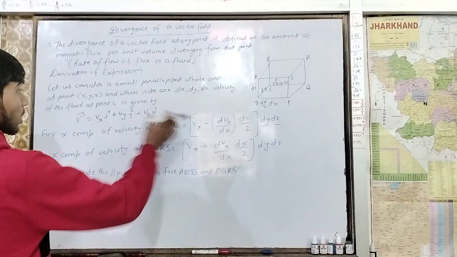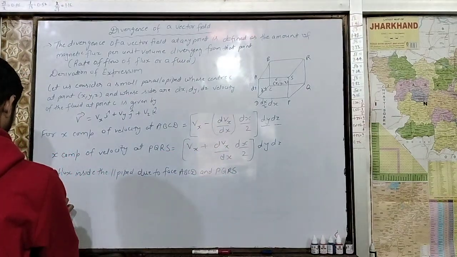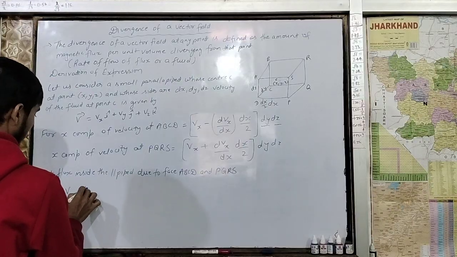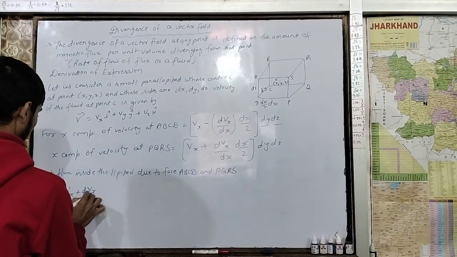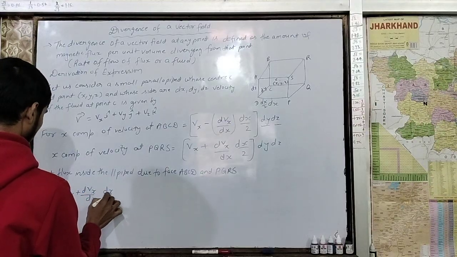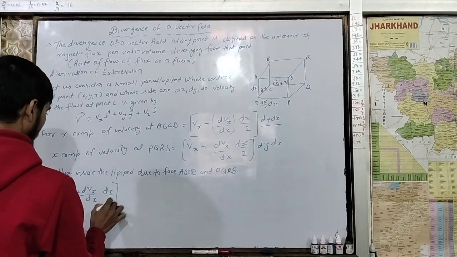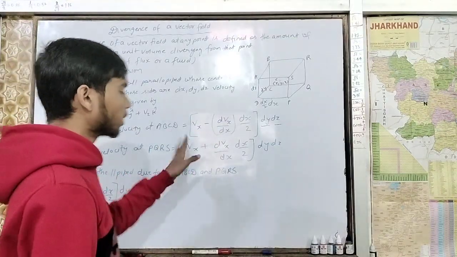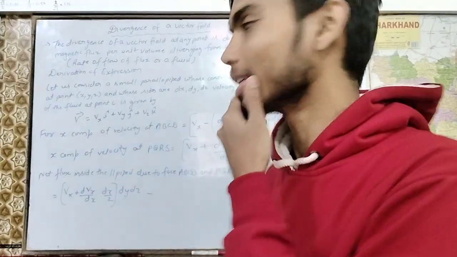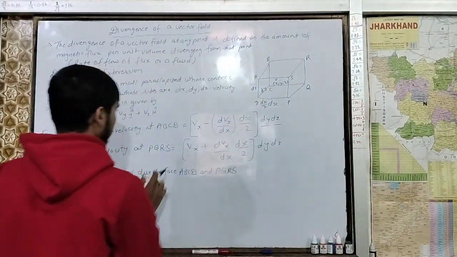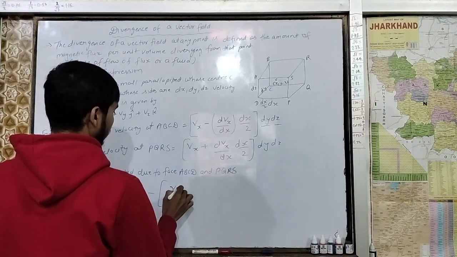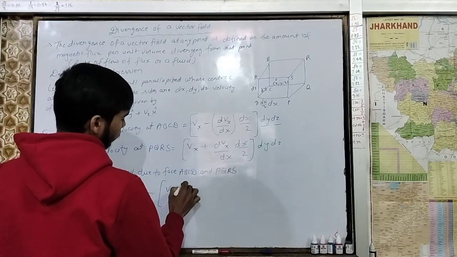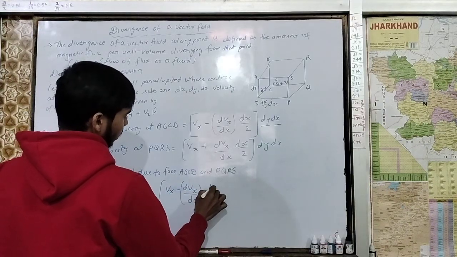Just you will have to take this velocity and this velocity. Vx plus dvx by dx into dx upon 2, dy dz. Then final minus initial will give us the net flux. Okay, so this final minus initial: Vx minus dvx upon dx, dx upon 2.